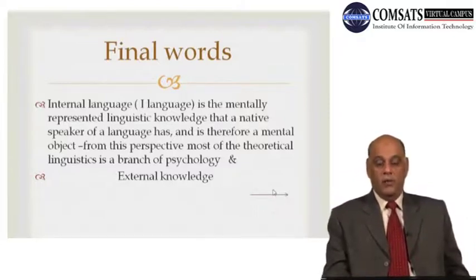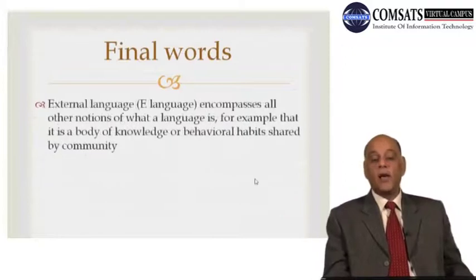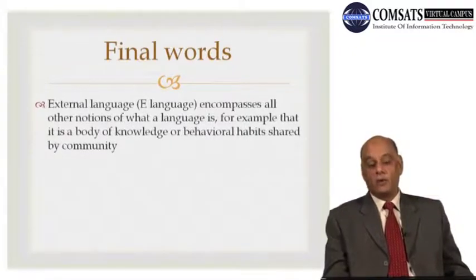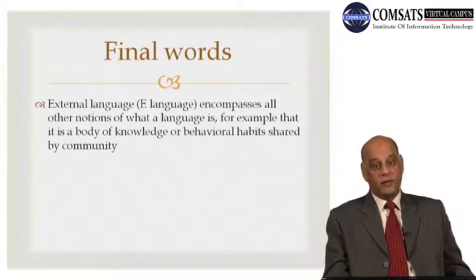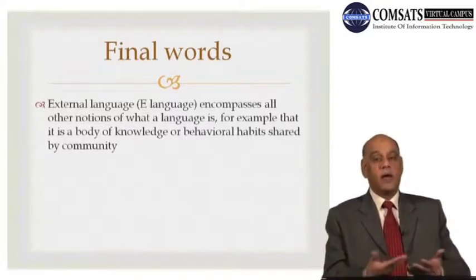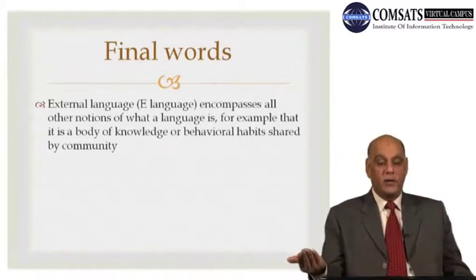So what is external knowledge? External language, or e-language, encompasses all other notions of what a language is. For example, that it's a body of knowledge or behavioral habits shared by a community. So what is external language? Everything outside, all the other notions of what a language is.